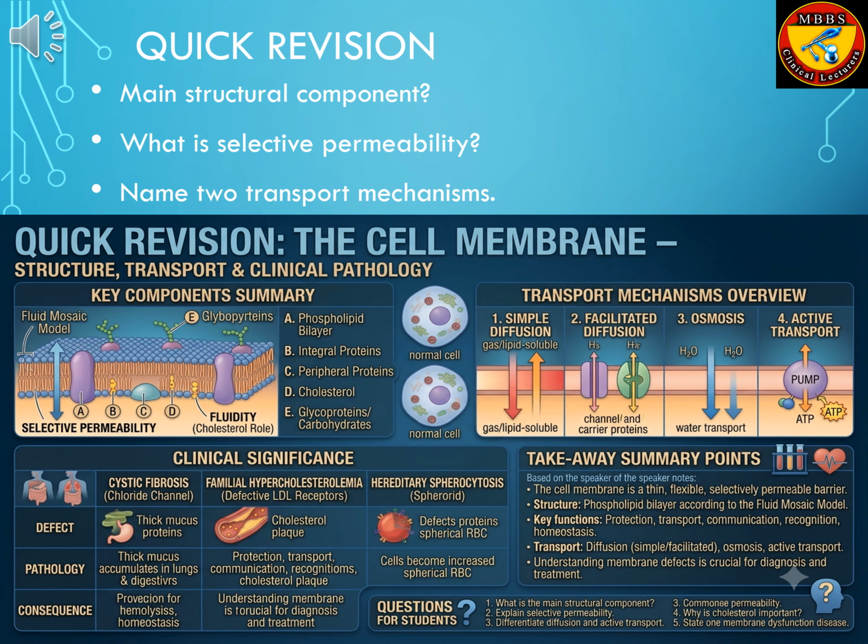The membrane performs protection, transport, communication, and recognition functions while maintaining homeostasis. Transport occurs through diffusion, facilitated diffusion, osmosis, and active transport. Finally, remember that defects in membrane proteins and transport mechanisms are responsible for many important clinical disorders.